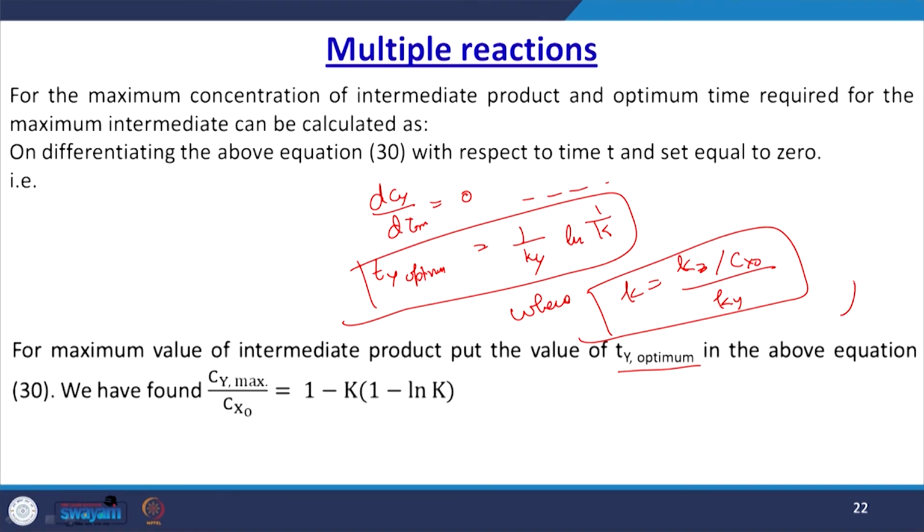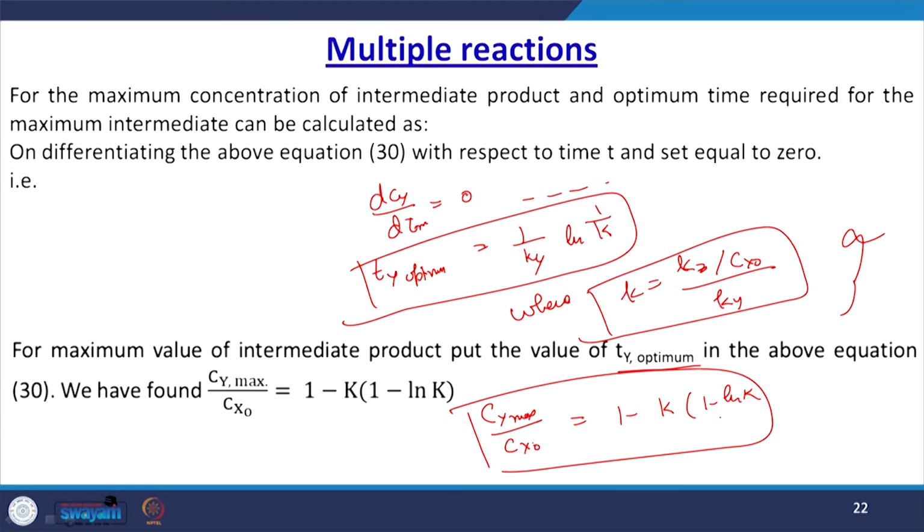This is equation number 30, which we discussed previously. So, we may find the value of Cy maximum upon Cx naught, that is equal to 1 minus k times (1 minus ln k). So, this is the desired equation which we are looking for.